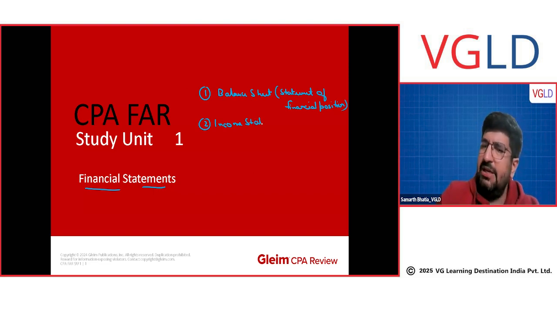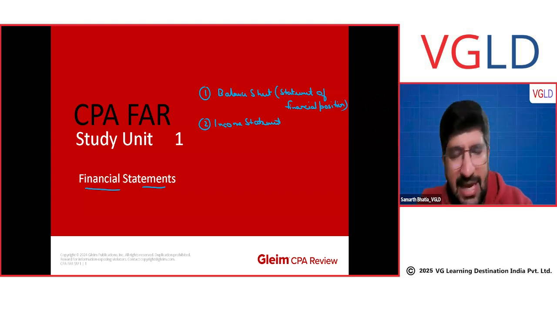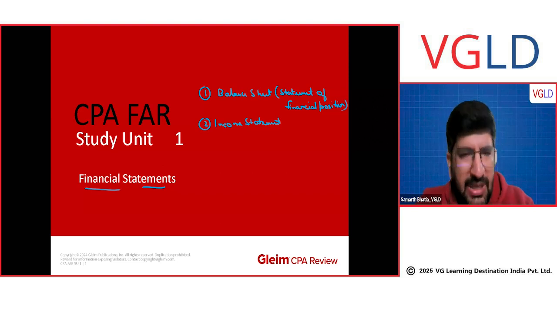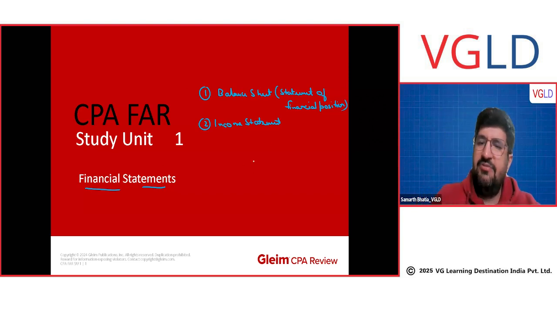So income statement and comprehensive income statement are the same thing. It's not a separate statement. If the company has other comprehensive income, in that case, the company will prepare the statement of comprehensive income. Otherwise, the company prepares an income statement only, which is ultimately known as a statement of financial performance.